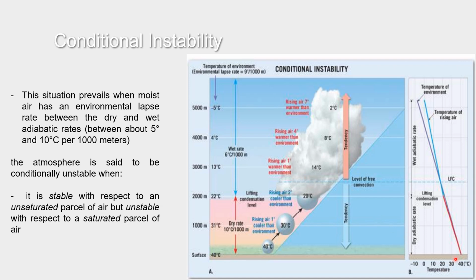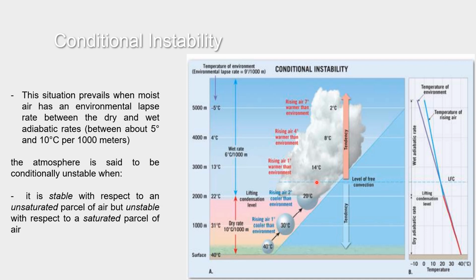So the tendency is to sink toward the surface. There is a tendency to sink because the rising air is cooler than the environment until the 2,500 meters.